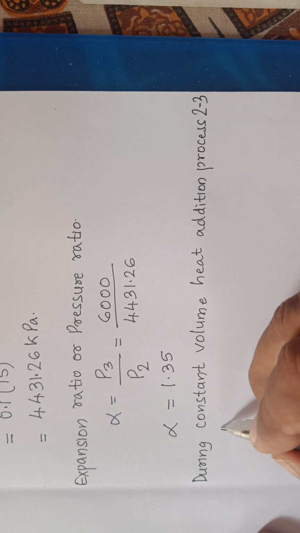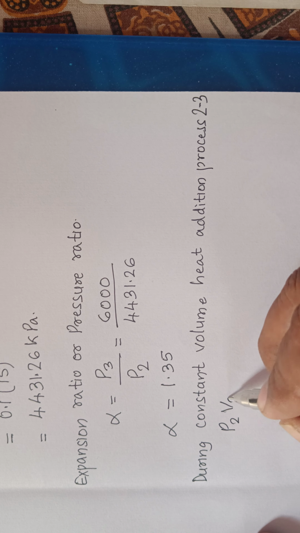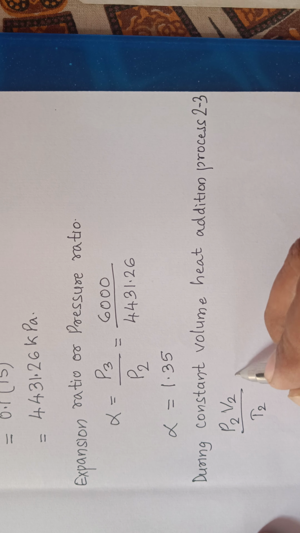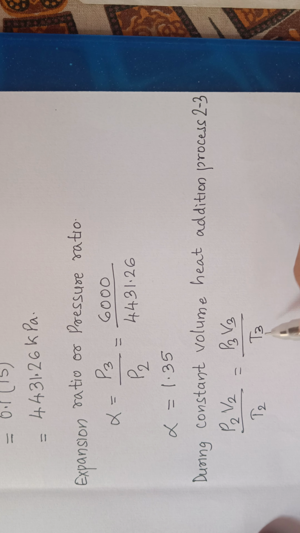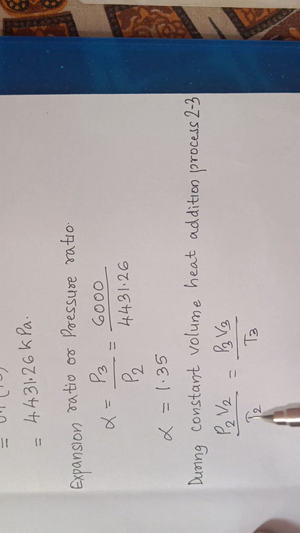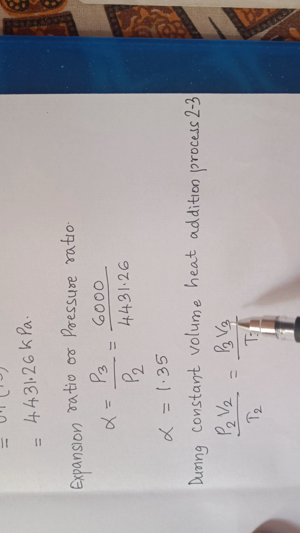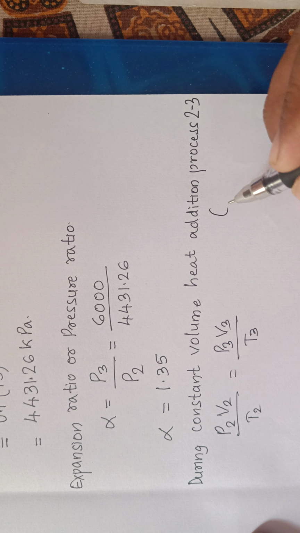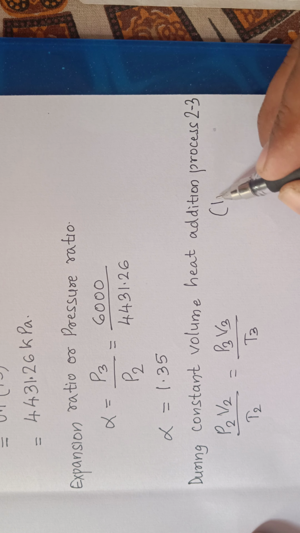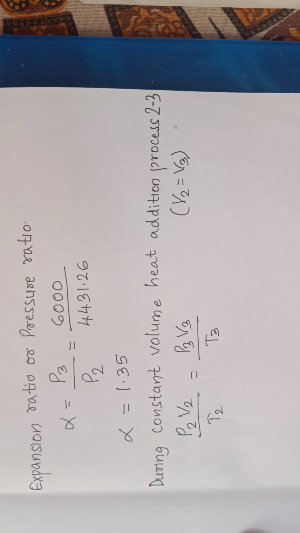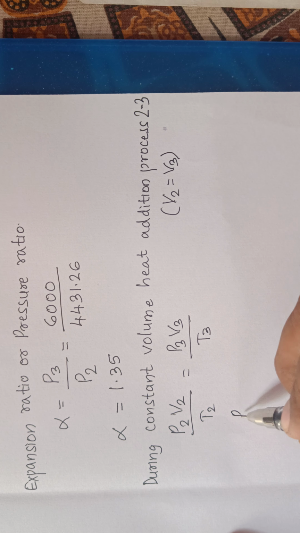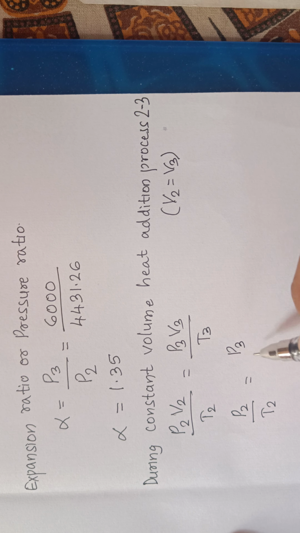I'll write the PVT relationships: P2 V2 by T2 will be equal to P3 V3 by T3. We know that the heat is added at constant volume, so V2 will be equal to V3. Therefore the equation gets modified as P2 by T2 will be equal to P3 by T3.